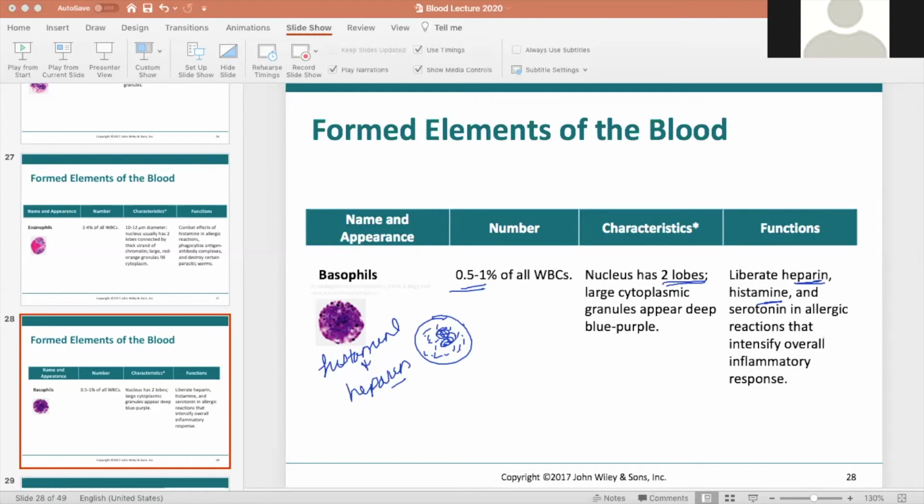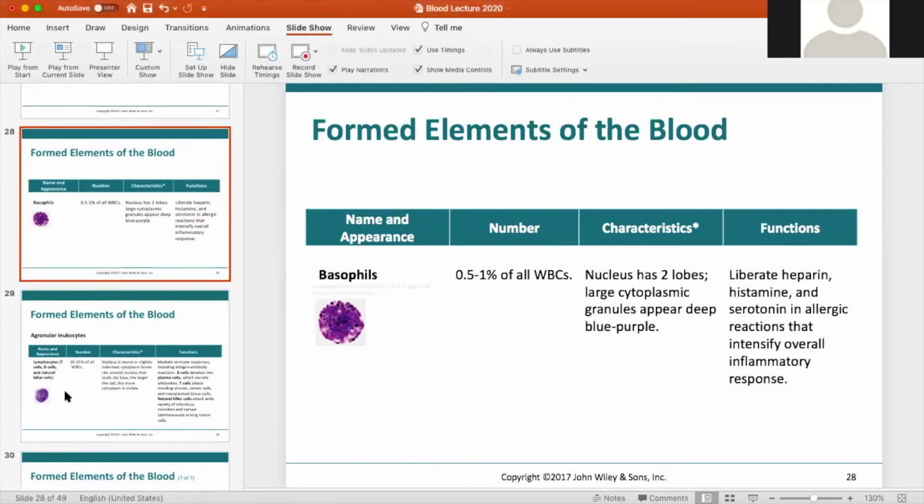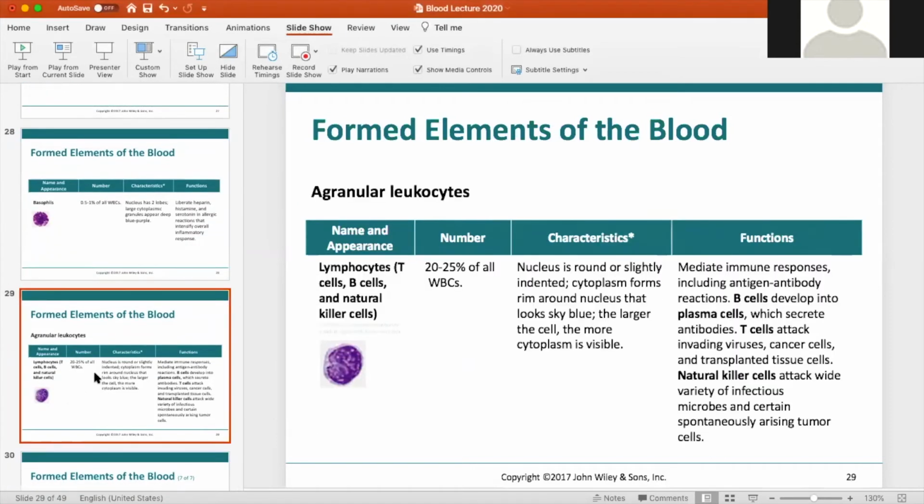Okay, all right, so the very next one here. We have our cells that do not contain granules. So let's just back up for one minute here, and let's think about the cells we just went over.